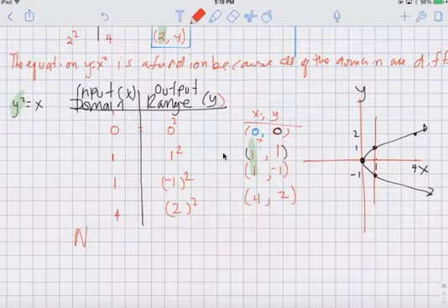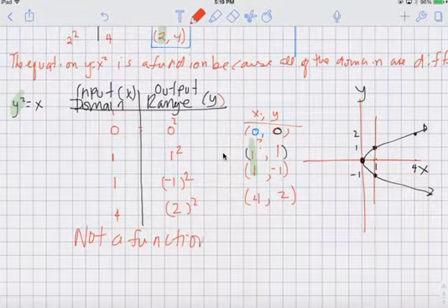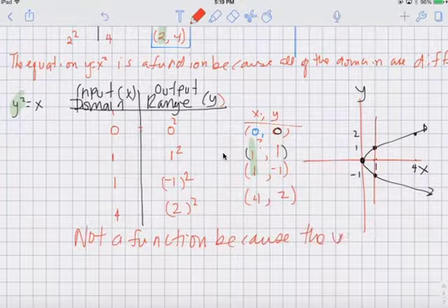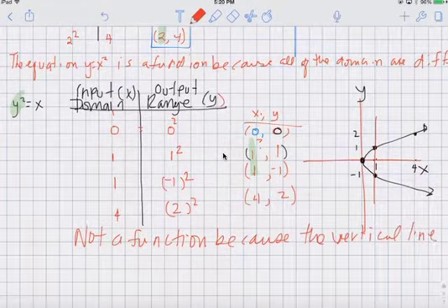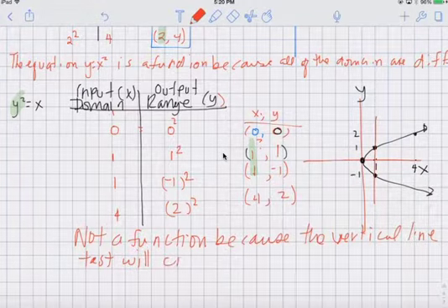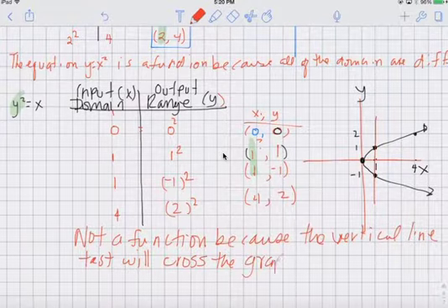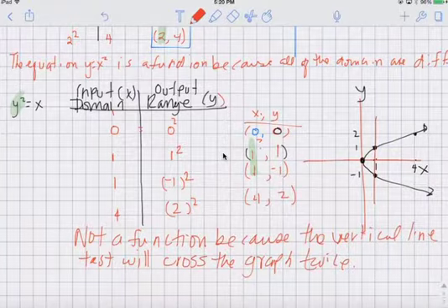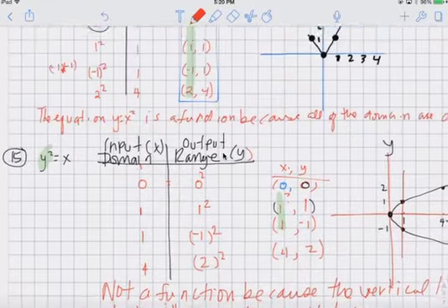Not a function, because the vertical line test will cross the graph twice. Okay? That's 15.